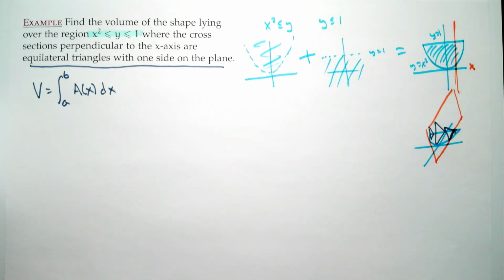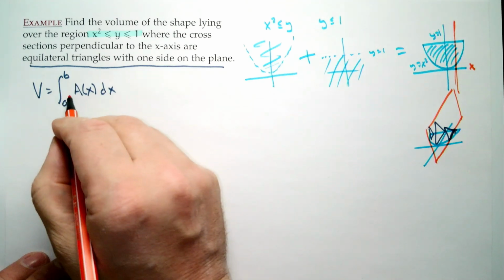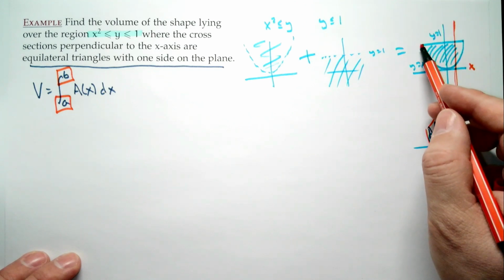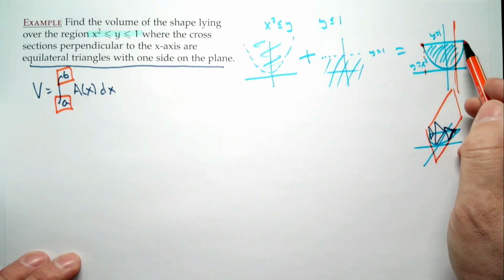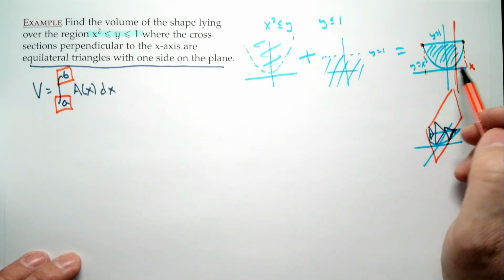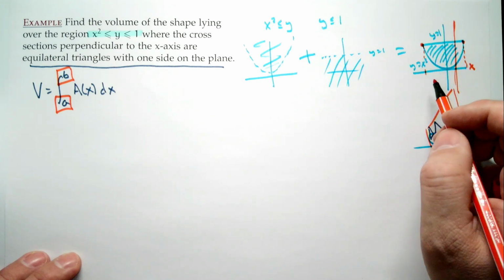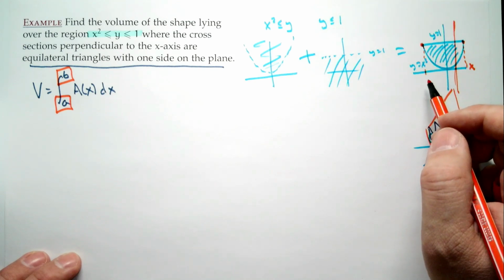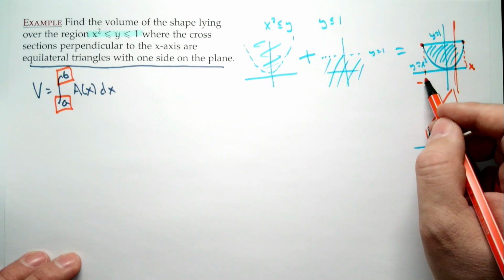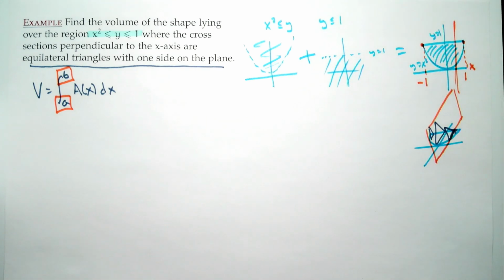Well, certain things such as what are a and b? That's not so bad. Where do I start and stop with regard to x? Negative 1 and positive 1, because that's where x squared is equal to 1.